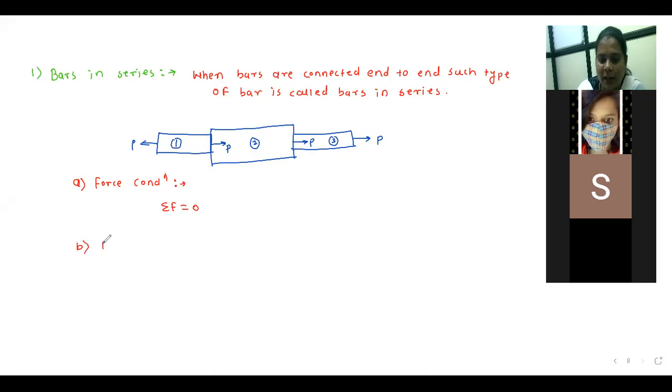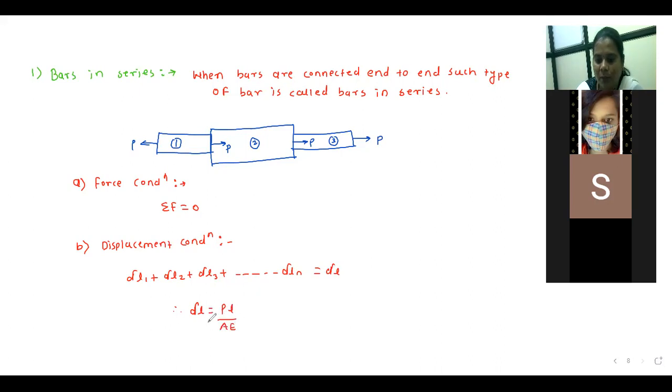And the second condition is the displacement condition: del L1 plus del L2 plus del L3 plus up to del Ln, which is equal to del L. And how to find del L? Del L is equal to PL upon AE.